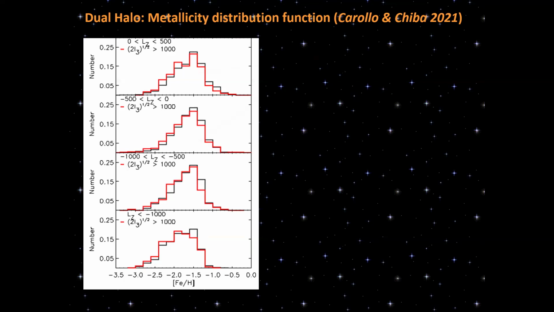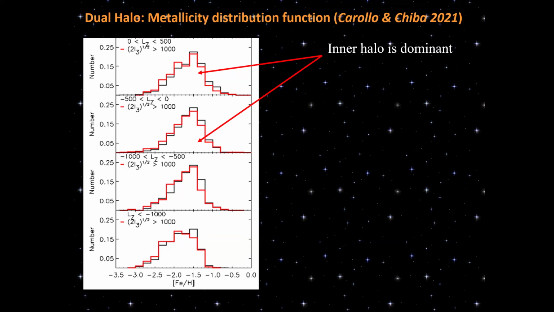As you can see, when we have Lz between 500 and minus 500, the MDF is dominated by the inner halo population with a metallicity peak around minus 1.5.